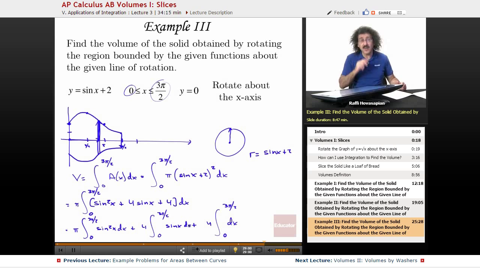Sorry, dx. 3 integrals. Okay. Now, at this point, again, it's best to just go ahead and use your calculator if you can. But if, for any reason on the AP exam, this is the part where you're not allowed to use the calculator, or your teacher is not letting you use the calculator, you're just going to go ahead and solve these integrals. Now, let's go ahead and deal with these integrals one at a time.